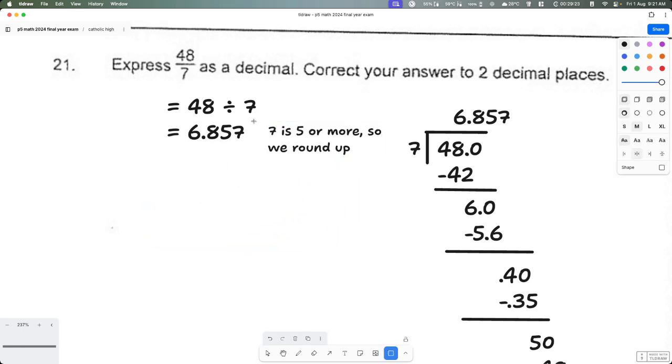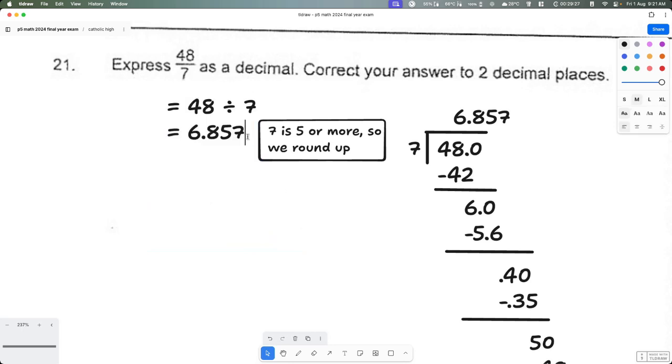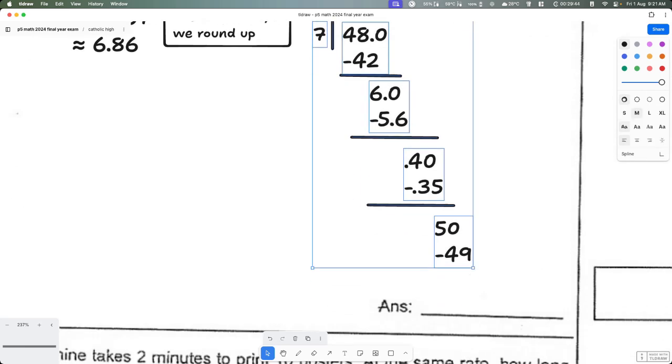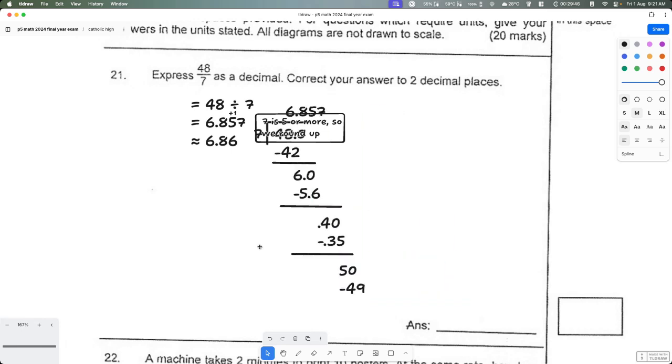So that means we will have plus 1 on top of 5, and this will then become 6.86. There you go.